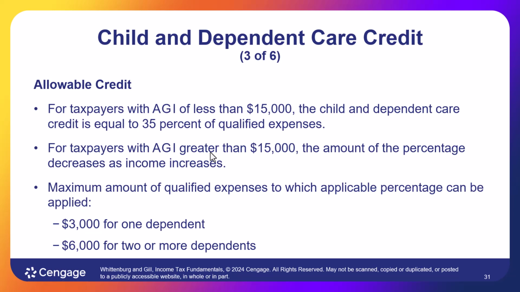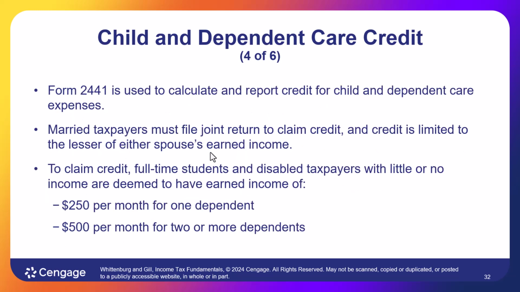For taxpayers with AGI of less than 15,000, the credit is 35% of qualified expenses. For taxpayers greater than 15,000, the percentage decreases as income increases. The max qualified expenses when applied to the percentage is 3,000 for one dependent or 6,000 for 2 or more.